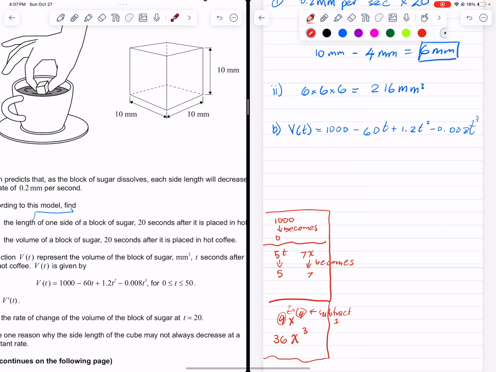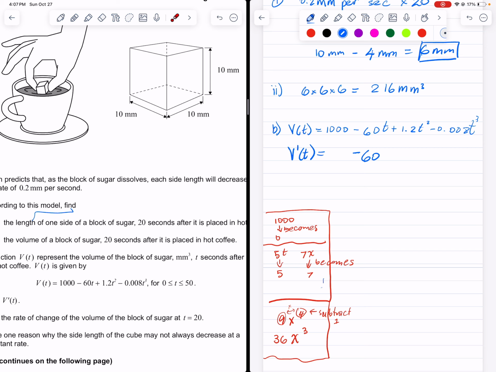So let's go ahead and actually practice this with the actual question. V prime of t means the derivative of the volume. We already spoke about what happens when a constant is differentiated. It becomes 0, but we don't have to write that, so we'll just leave it as nothing. Then we have minus 60, and that t goes away.